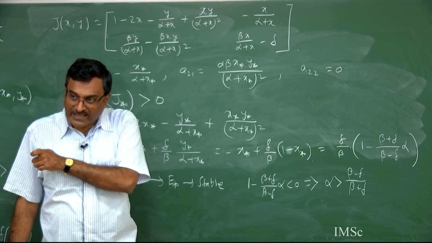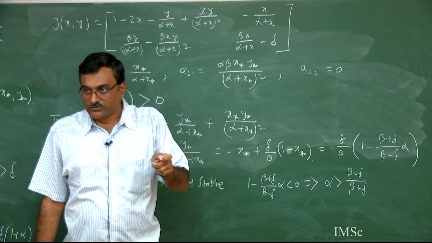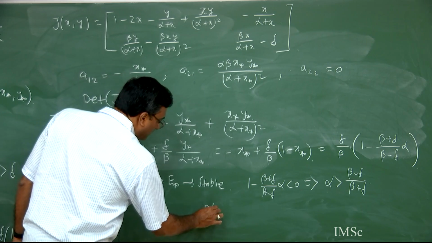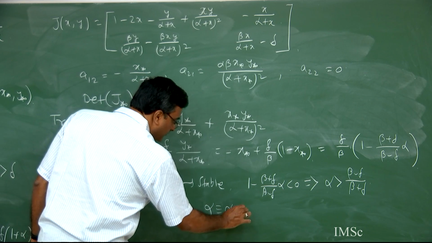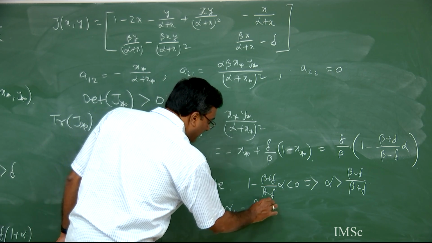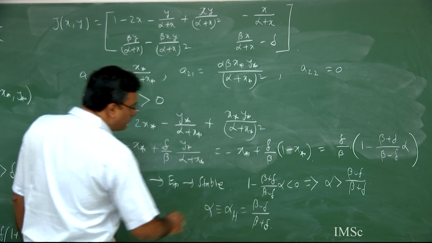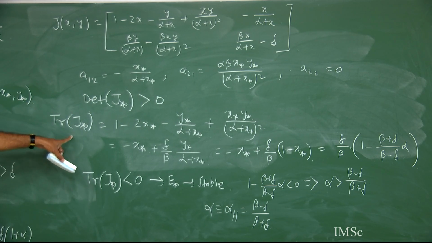So if you vary alpha continuously, there will be a threshold for alpha that is denoted by alpha h, and its expression is beta minus delta divided by beta plus delta. At this situation you will be having trace of J star equal to 0, right.